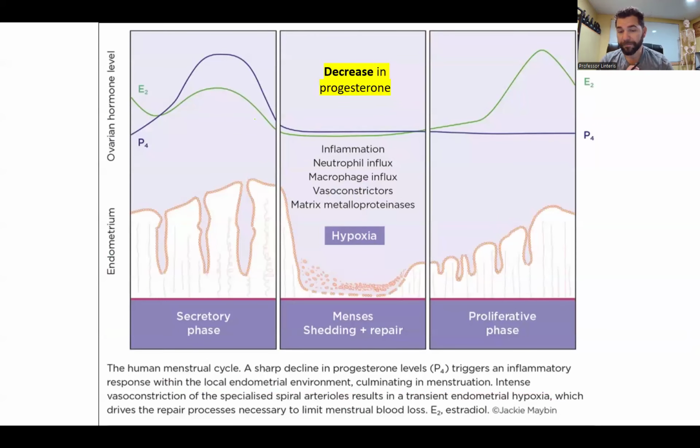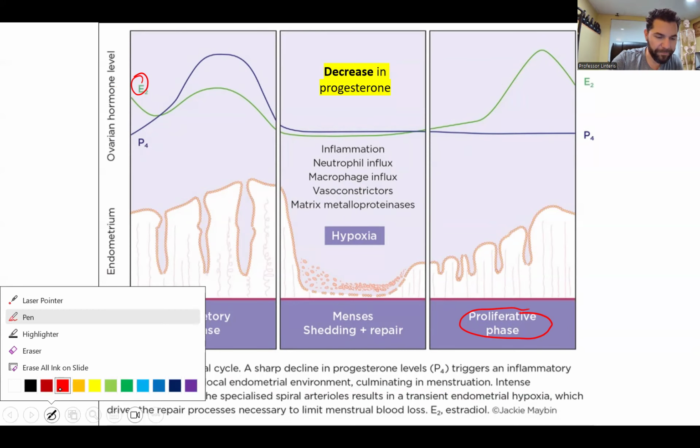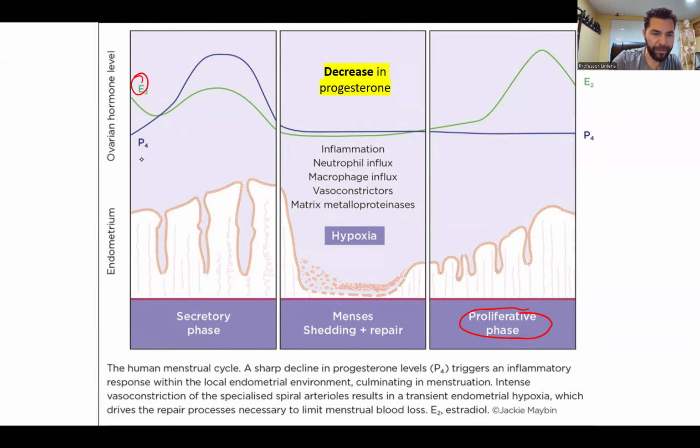So here, and we kind of talked about it, you will see that it's just in a slightly different order. This was the proliferative phase we talked about first. The green, I should probably have color-coded it, the green is estrogen. That's what the E means. And the P is progesterone, that's the blue.